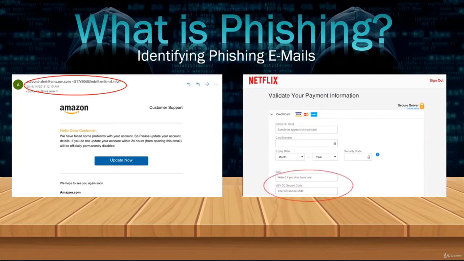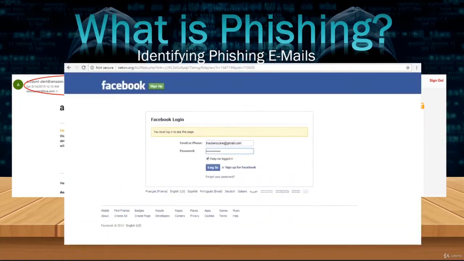This page from Netflix is asking you for a social security number. Netflix will never ask you for your social security number. And of course, Facebook. If you look at the address, even though it looks like a Facebook page, the web address says keaton.org, not facebook.com.